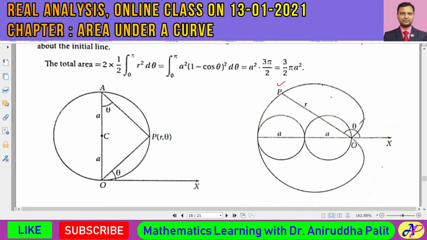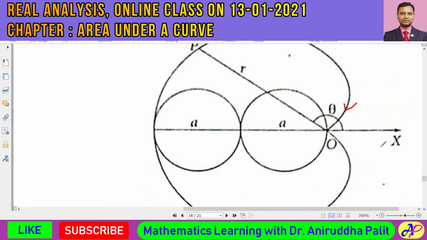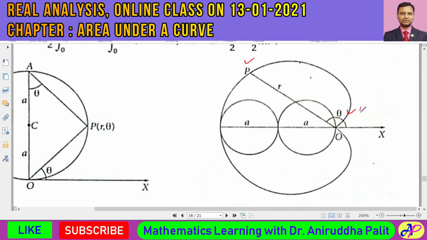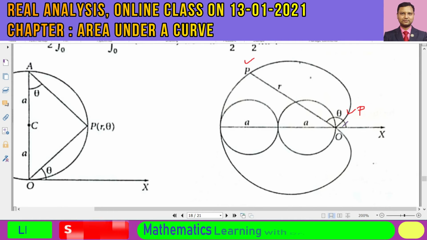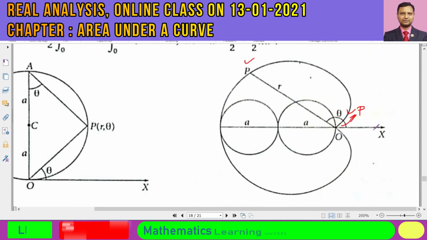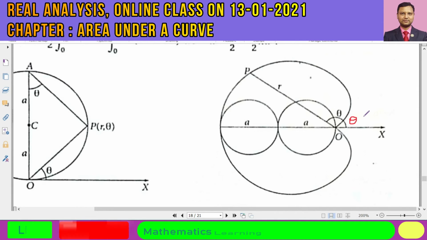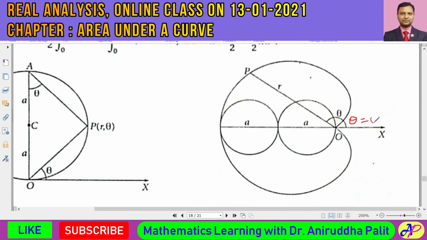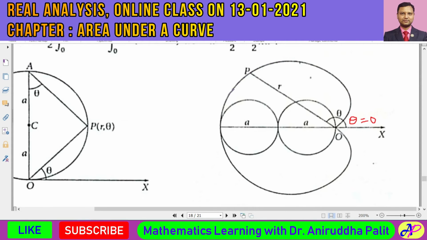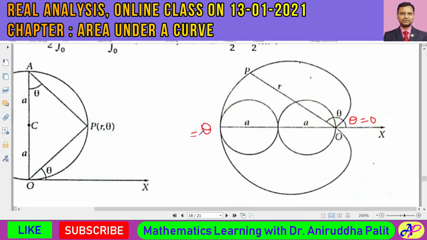Whenever P will have this kind of starting position, at the starting position, theta would be equal to 0. And if the point P moves along this curve, at this position, theta would be equal to pi.